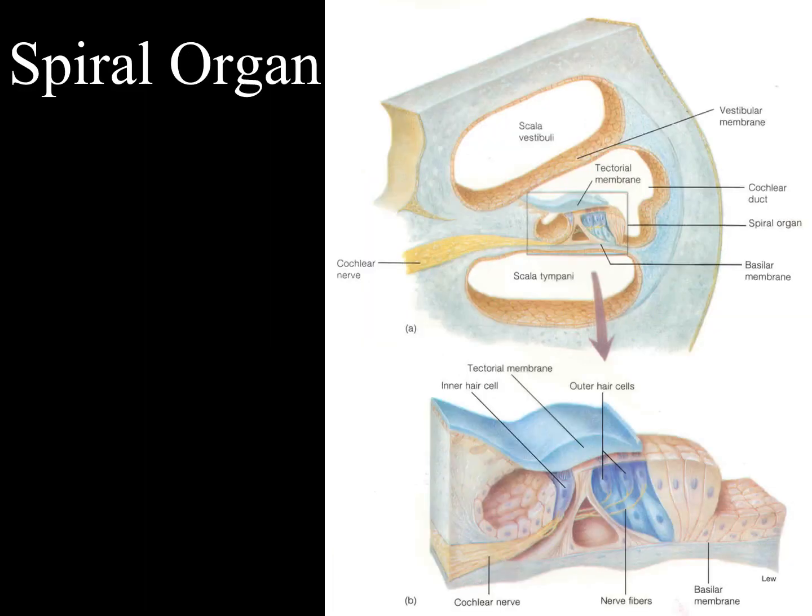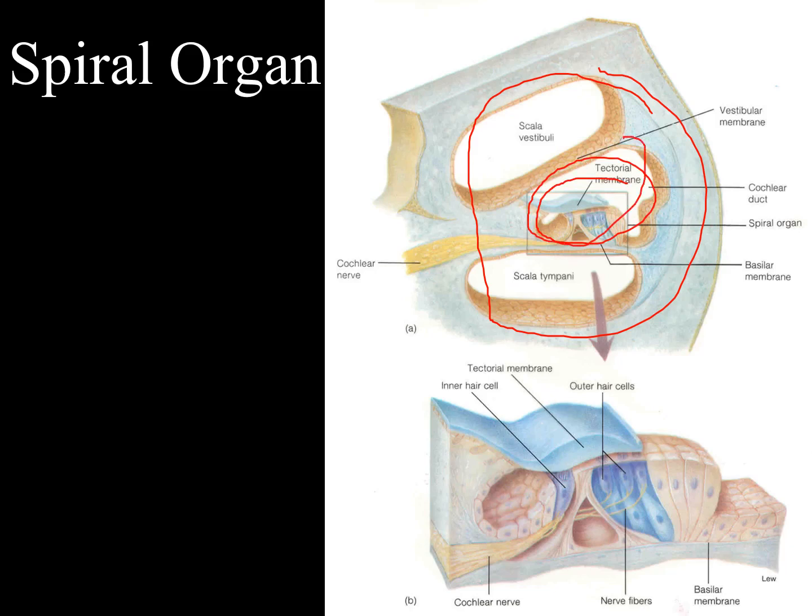So if we zoom in, here are the three canals again, or really two canals, but they look like three canals if you take a cross section like that. Let's zoom in on what's going on here in the cochlear duct, because that's really important. There's this structure hanging out over the top of the nerve cells called the tectorial membrane.